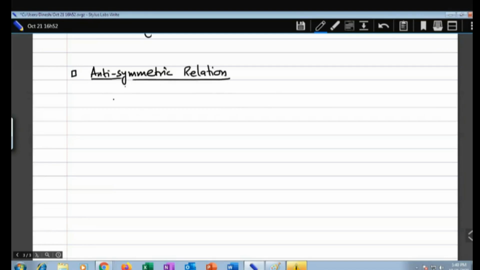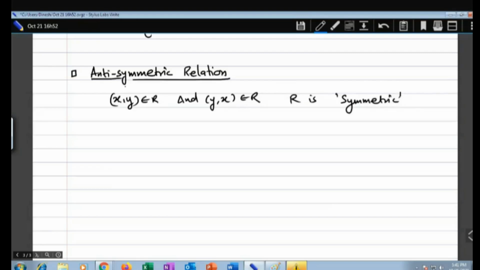When you say (x, y) is in R and (y, x) is in R, then R is symmetric.